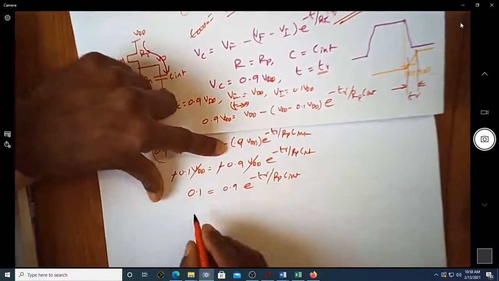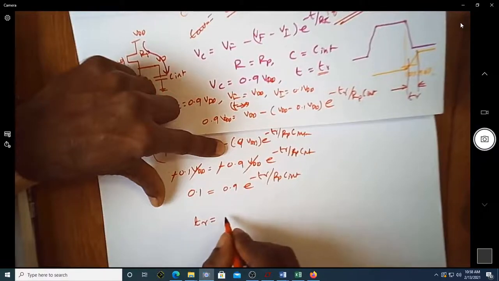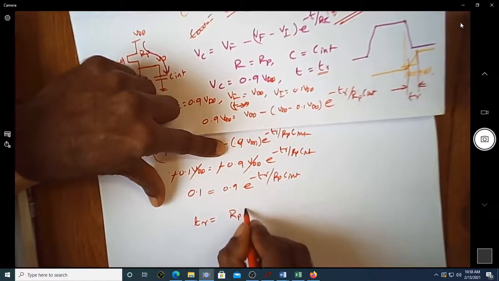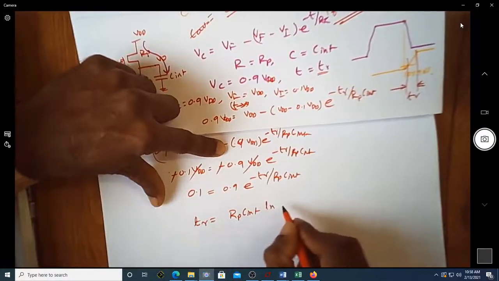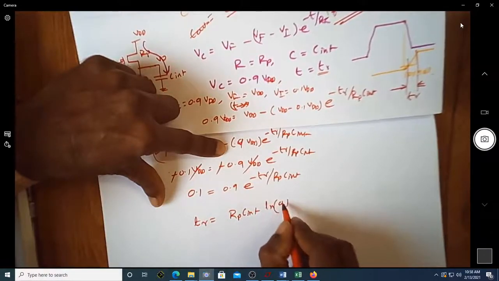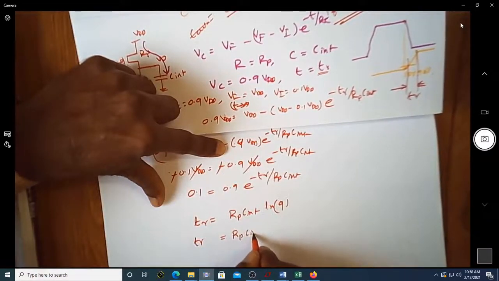Upon solving this, you can get the expression for tr as equal to Rp into C intrinsic into ln of 9. This comes out to be the rise time is equal to Rp into C intrinsic into 2.2.